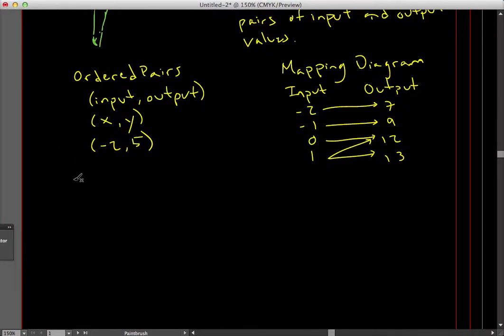Another way that we can represent this is with a table of values. A table of values again lists input and output.